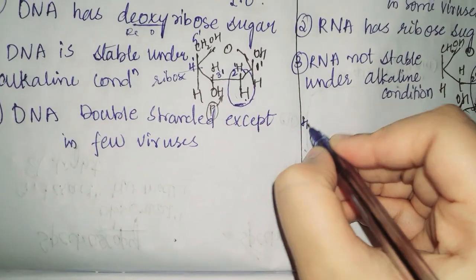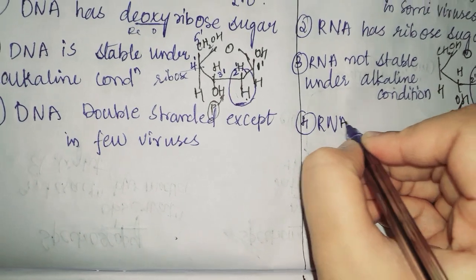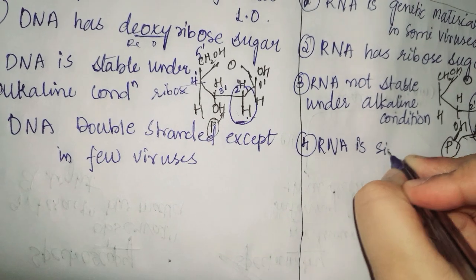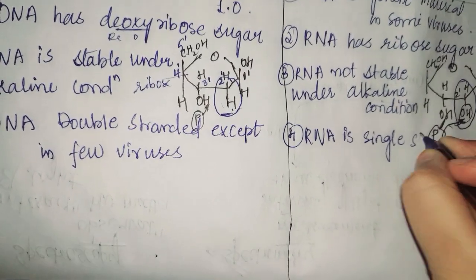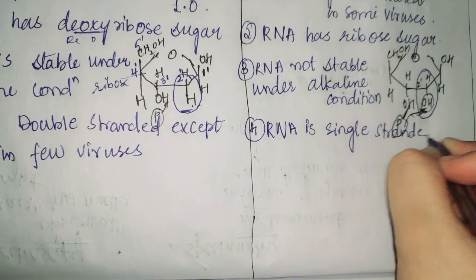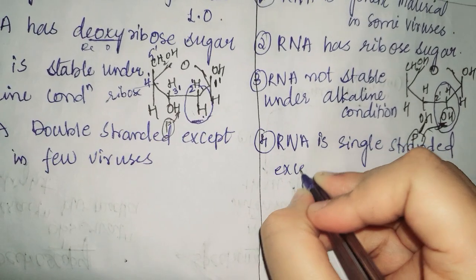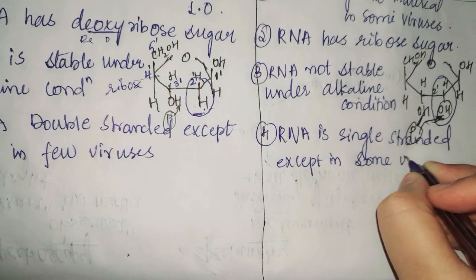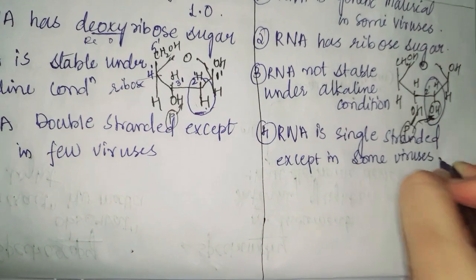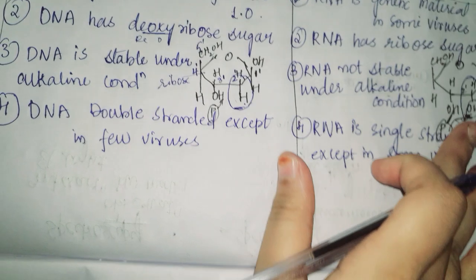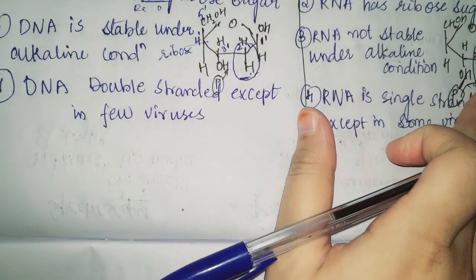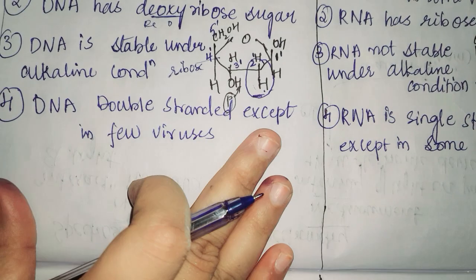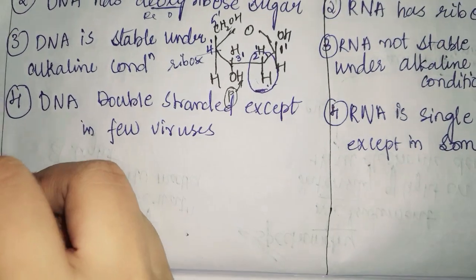And if we talk about RNA, RNA is mostly single stranded. RNA is single stranded except in some viruses. In some viruses it acts as double stranded, so we accept that, and in all other forms it is single stranded.